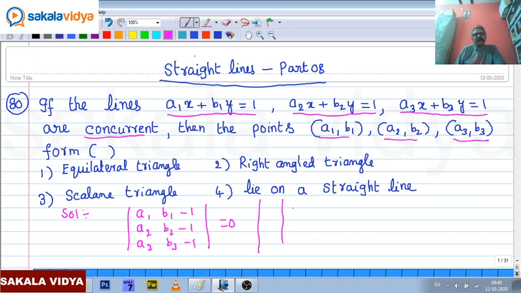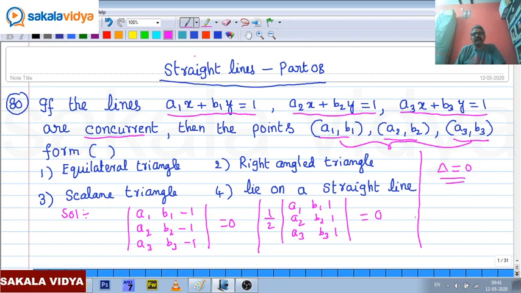Then this can be rewritten as determinant (a1 b1 1; a2 b2 1; a3 b3 1) equal to 0. Multiply half on both sides. So this is nothing but delta is equal to 0. That means area of the triangle formed by these 3 points is 0. Therefore, points A, B, C are collinear. Collinear means they lie on the straight line. Fourth option is the right option.